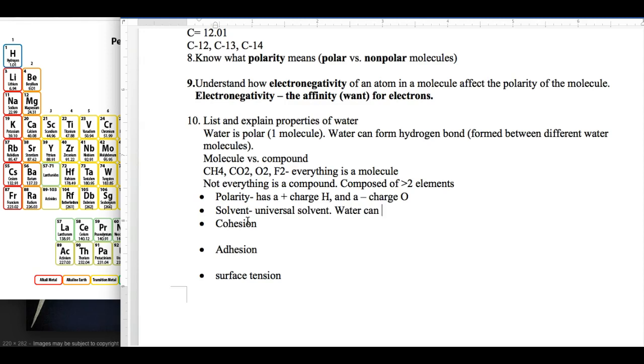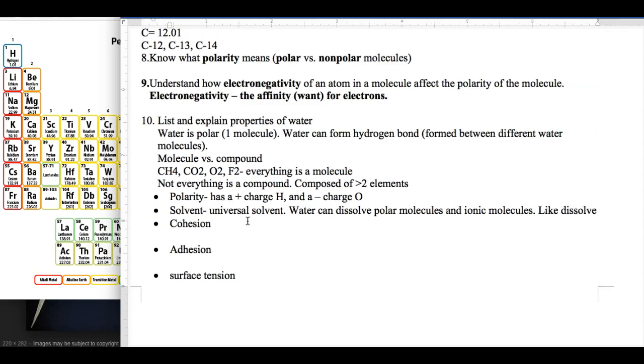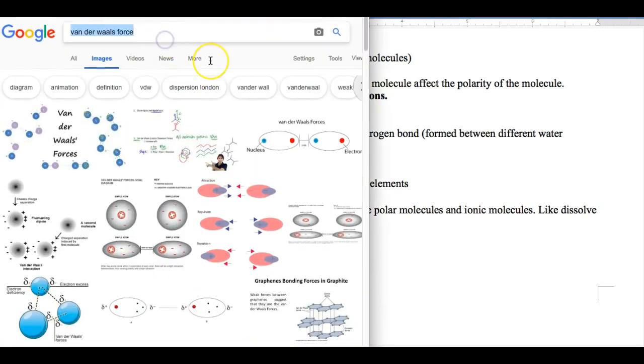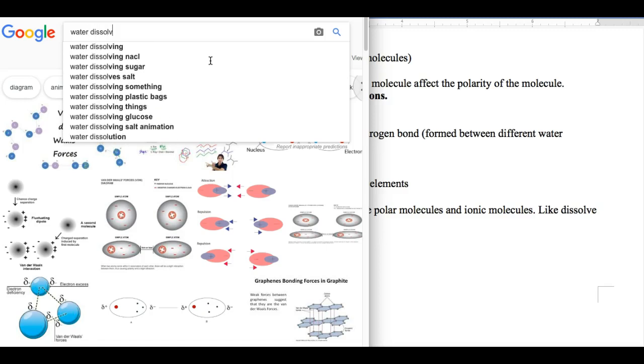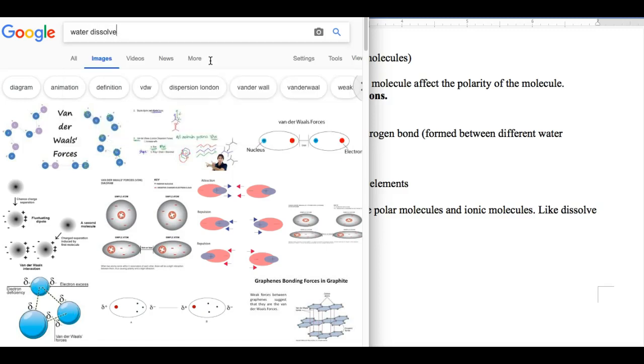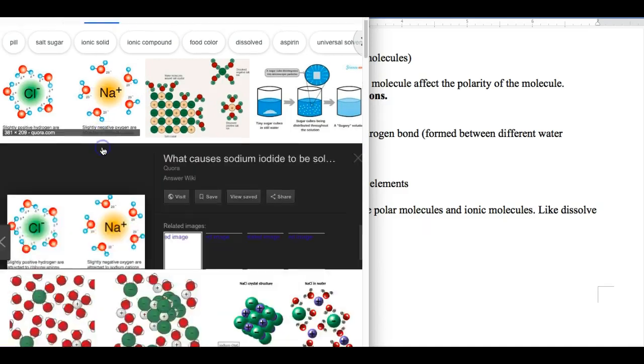Water can dissolve polar molecules and ionic molecules. We call this like dissolves like. So what that means is that because water is polar, right? If you look right here, water dissolves salt. Right here, for example.